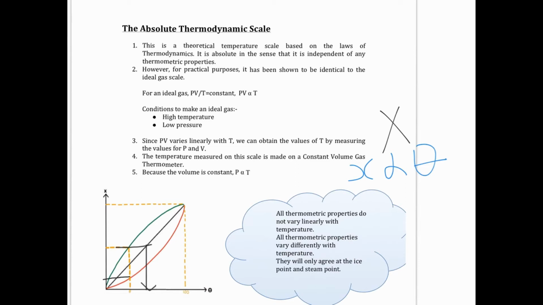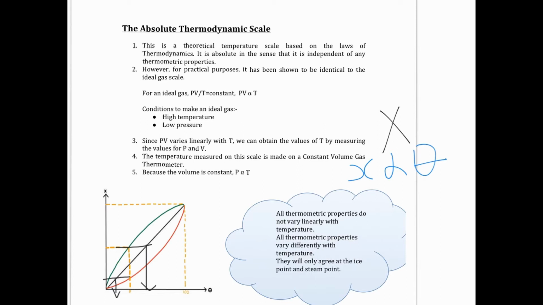And if it gives you this resistance, we are going to assume it's part of a straight line. So when we calculate the temperature, we're going to get this temperature. So what you will notice is that these two temperatures are very much different. Therefore, all thermometers measuring temperature on the empirical centigrade scale will all give you different values.